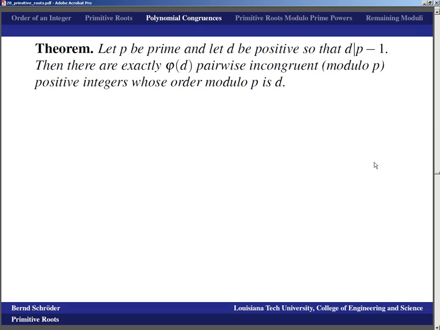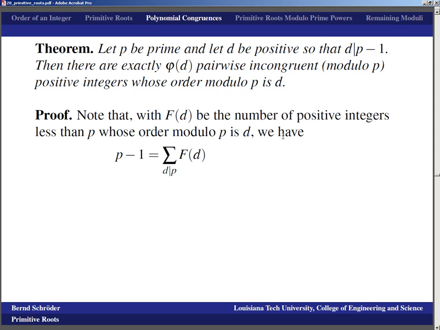Okay, so now same hypotheses, p is prime, d is positive, so that d divides p minus 1, and we claim now that there are exactly phi of d pairwise incongruent positive integers modulo p whose order modulo p is d. And now we're going to use stuff that we had done for multiplicative functions and the summative function.